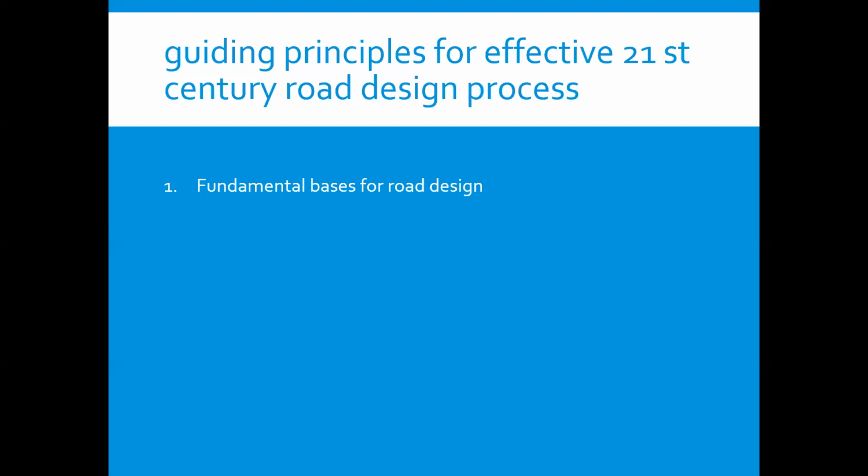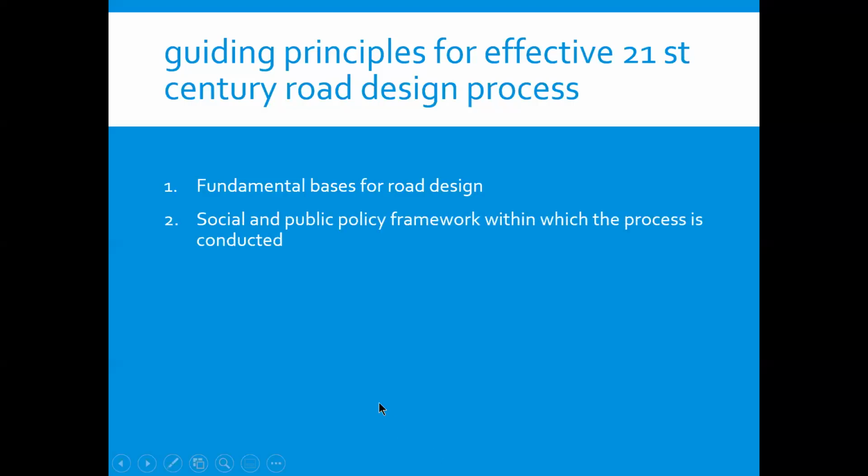The following slides present what should be the fundamental basis for the design of the major urban roads. Number one, geometric design solution should address objectives and quantitative measures of transportation performance.